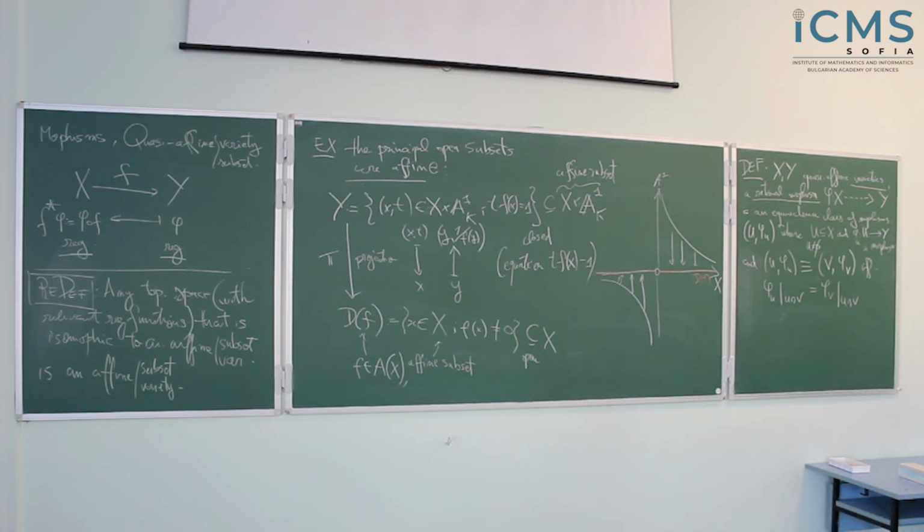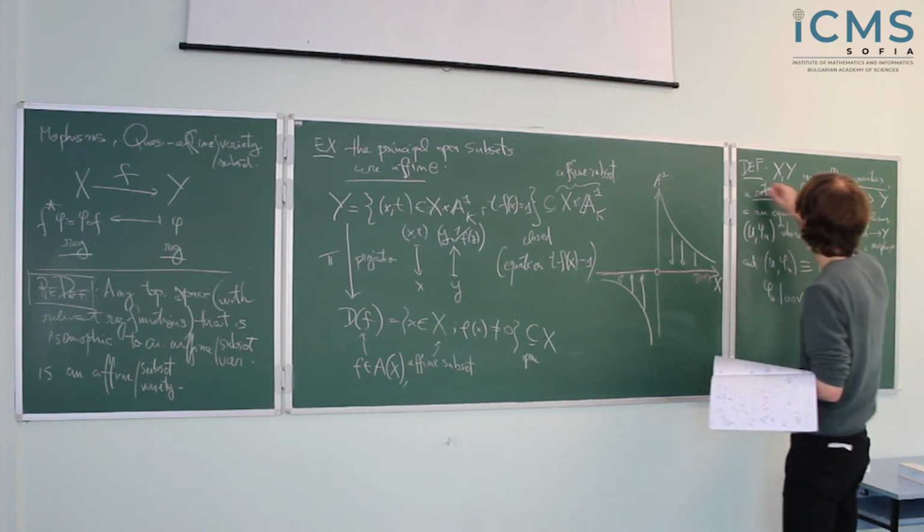You remember that when we defined the equivalence relationship for local rings, we only wanted to have an open set inside the intersection, but here, since affine varieties are irreducible, we can actually extend the equality to the whole intersection. Okay, and so this is one.